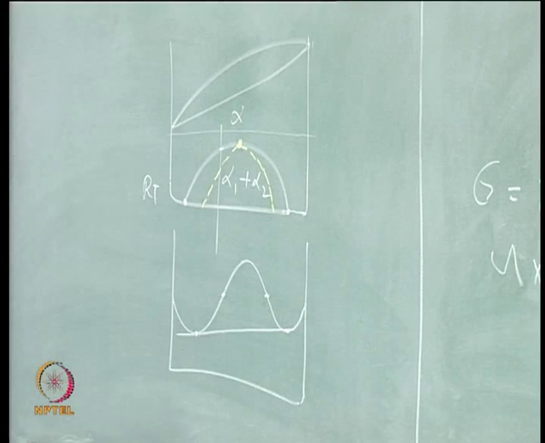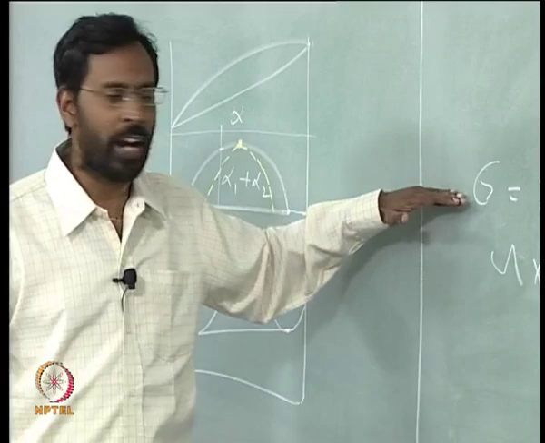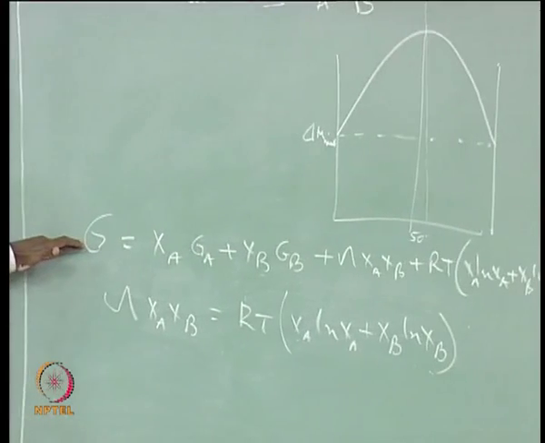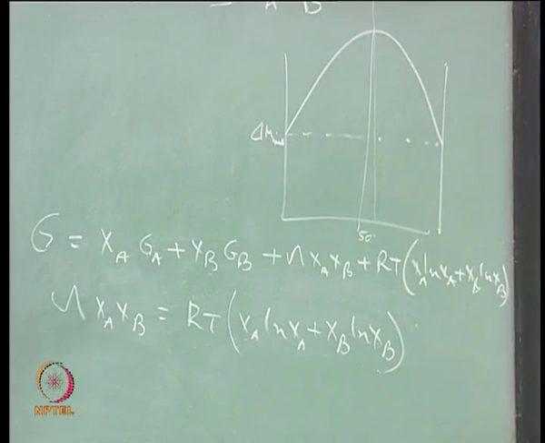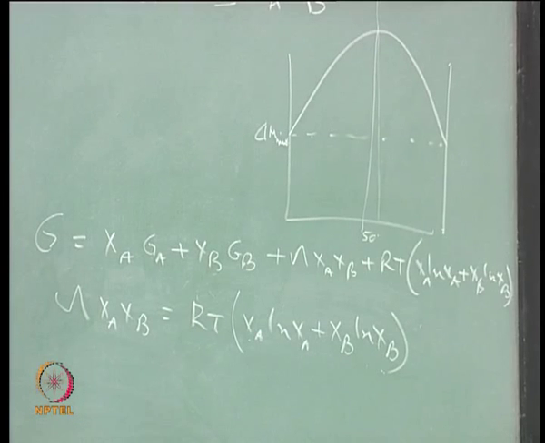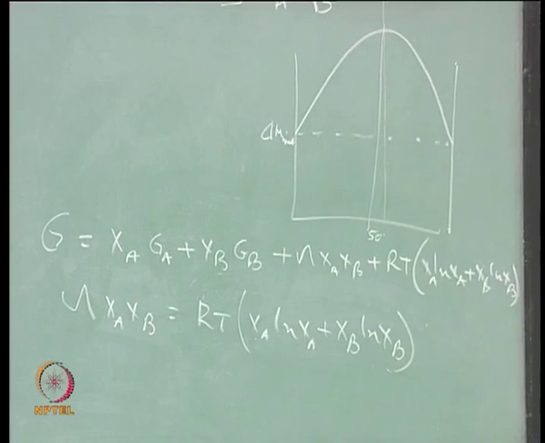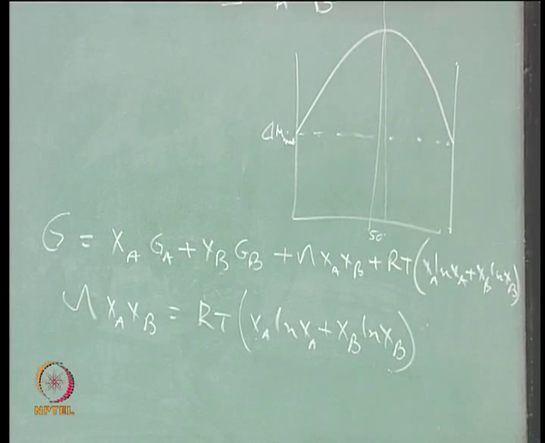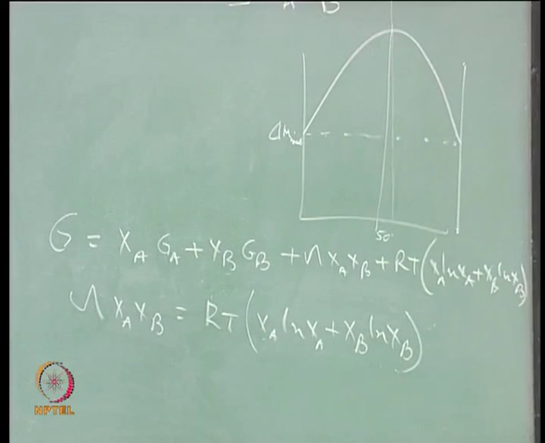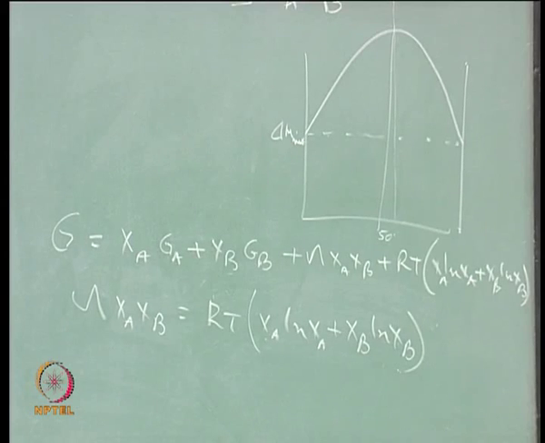Yeah, second derivative of the free energy is 0. So, basically take this expression, find out the second derivative and equate it to 0, and again put one boundary condition there that I am assuming XA equal to XB, because I know that this would happen at 50-50.